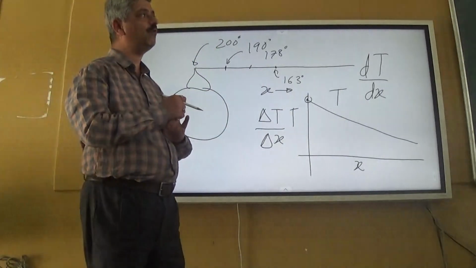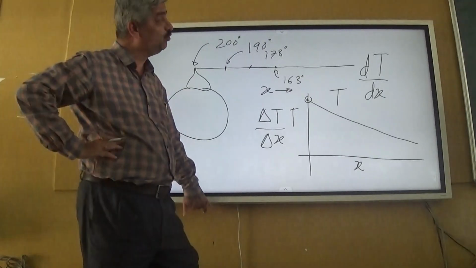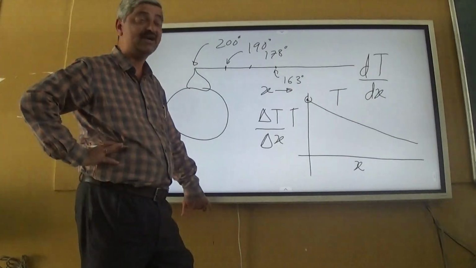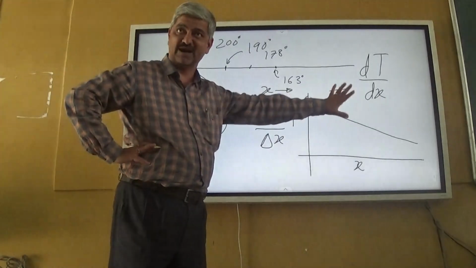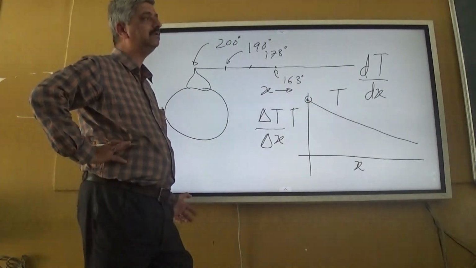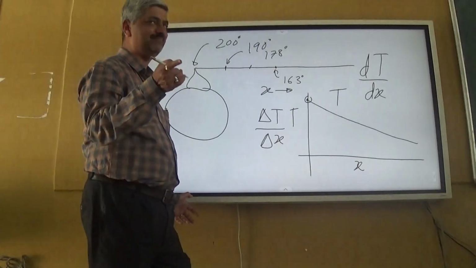If you know dT by dx, a temperature gradient function is given to you, it will be some exponential function, some function is there. And if you are given the temperature at one point, how will you calculate the temperature at another point?